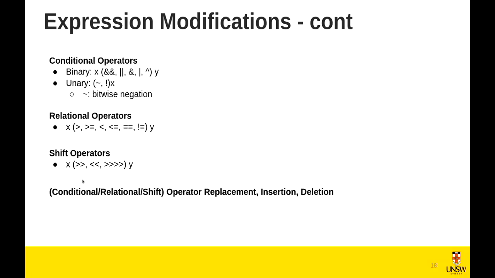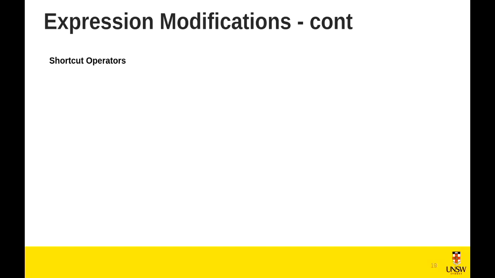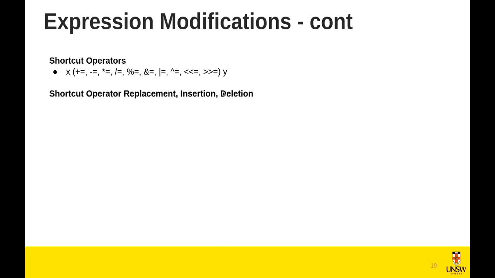And what we can do is very similar to what we can do for arithmetic operators. We can do replacement, we can do insertion, we can do deletion. And there are more operators. We do have some shortcut operators, which calculate the value and assign it to x. So these are the shortcut operators we have, and we can do similar things with them. And there are some more modifications we can do.